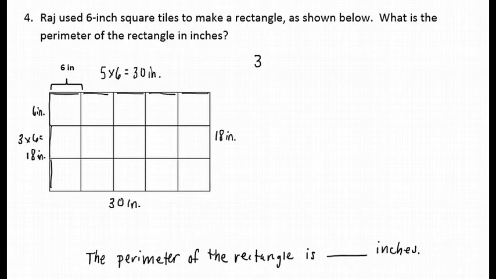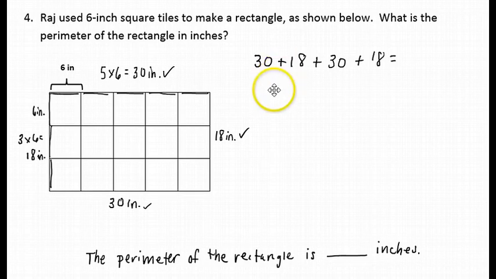I have 30 plus 18 plus 30 plus 18. Let's rearrange these to make it a little bit easier to add.